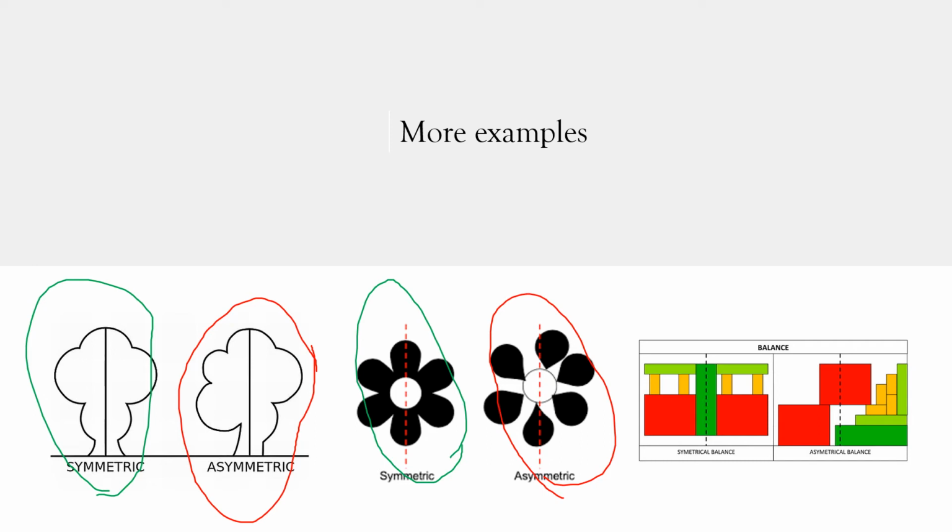The last picture shows you a collage or block building using different shapes. And this one is symmetric. Both of the red ones are on the bottom, the green one's on the top, the yellow one's in the middle. So it's symmetric. On this one, they use the same blocks, but they arrange them differently for asymmetric. So they're all balanced, they're just balanced differently.